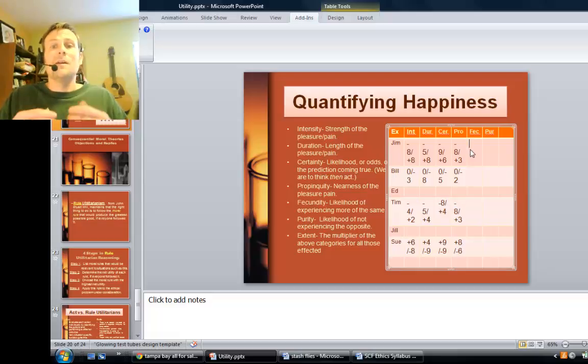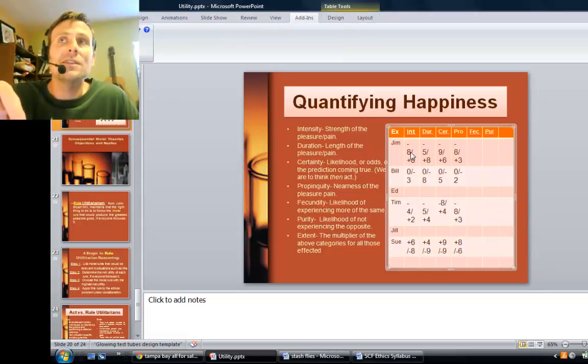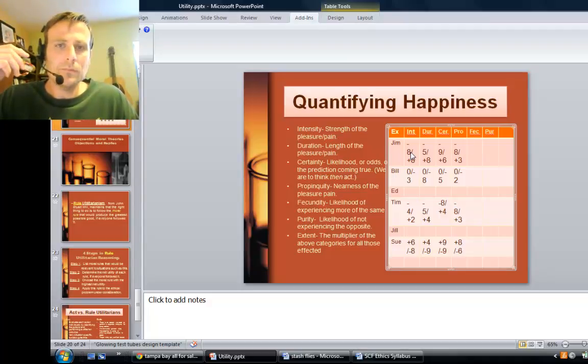That is, how likely is our allowing Jim to stay? Say we allow Jim to stay, that makes Jim happy. We make Jim leave, that makes him unhappy. Well, how likely is it that our allowing him to leave, or allowing him to stay, which makes him happy, produces some pain for him in the future. That's fecundity, right? Or rather, that would be purity.